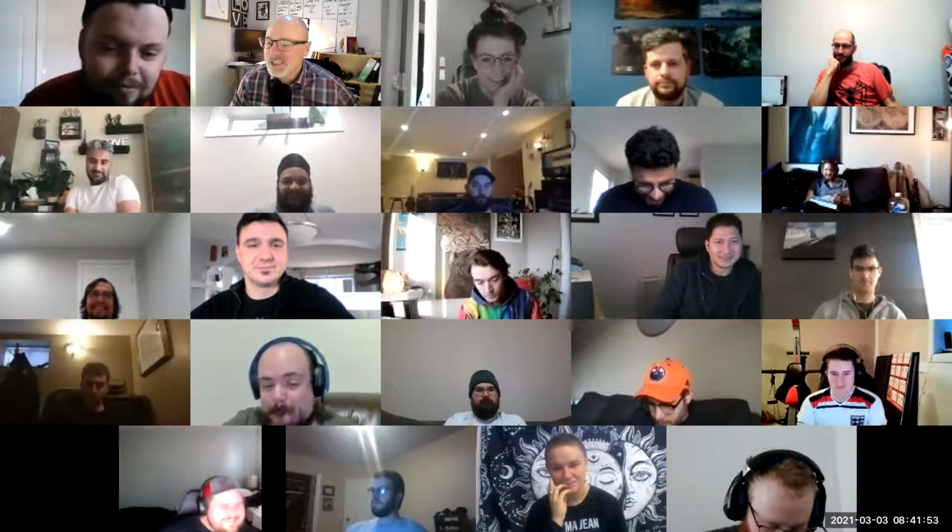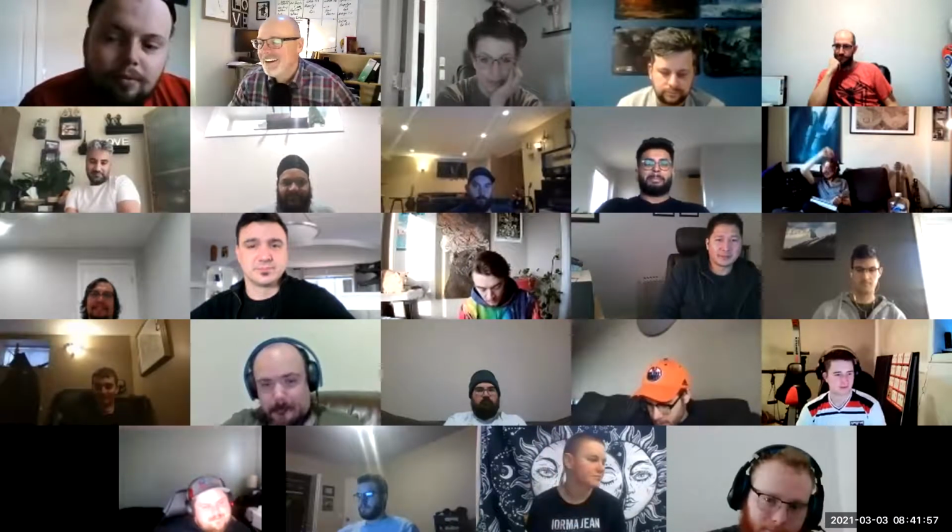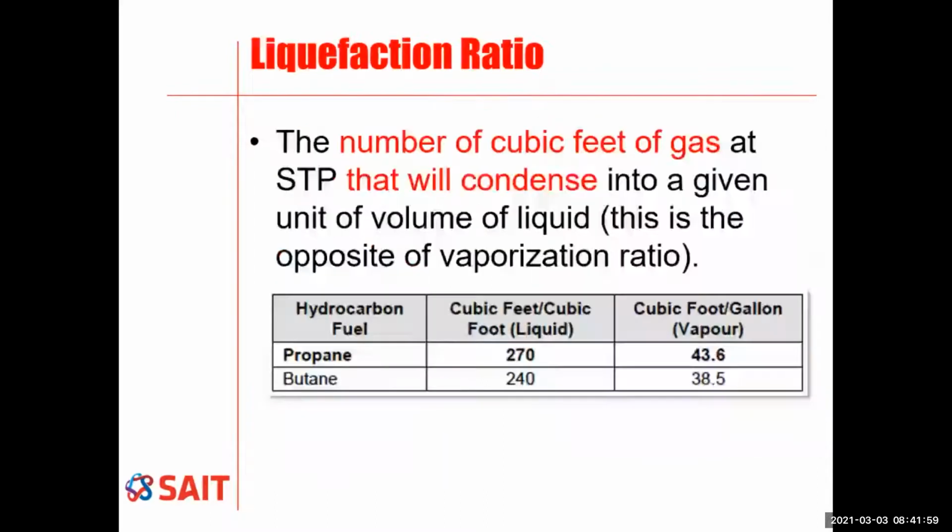Okay, a few more slides before we take a break. The number of cubic feet of gas at standard temperature and pressure that will condense into a given unit volume of liquid is the opposite of vaporization. So propane will expand 270 times for every 1 cubic foot, and 1 cubic foot per gallon.